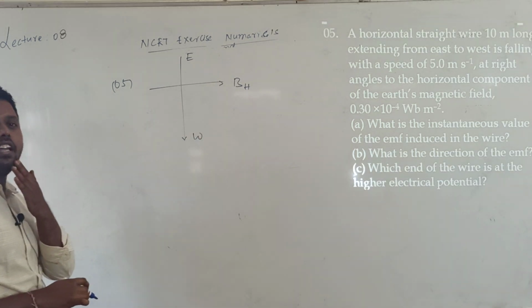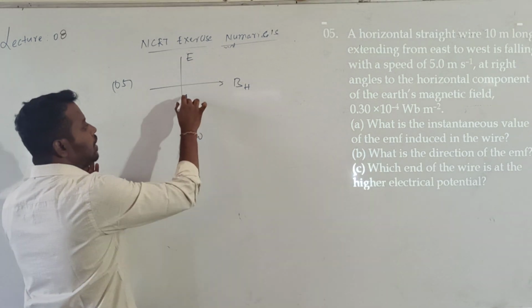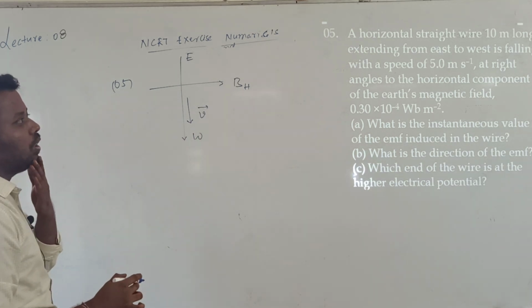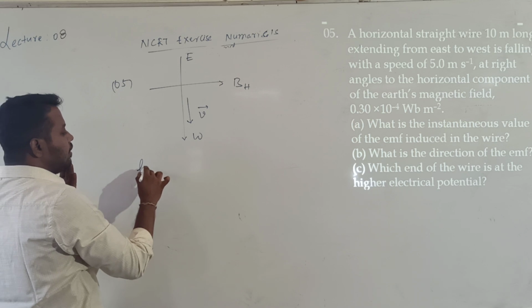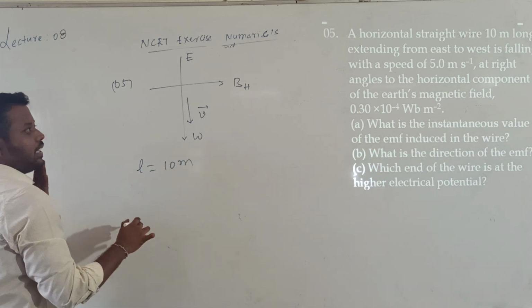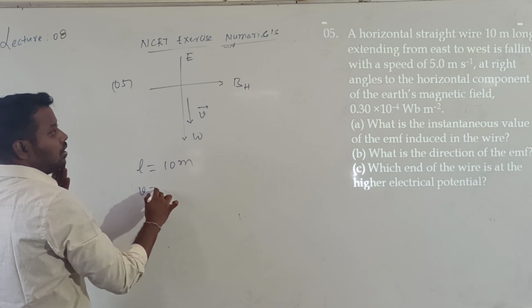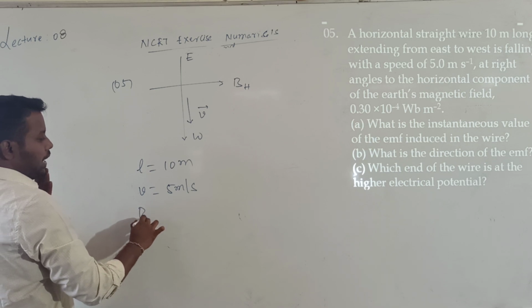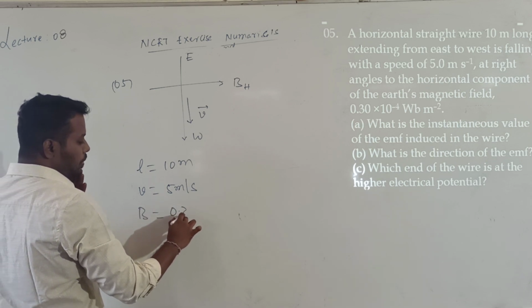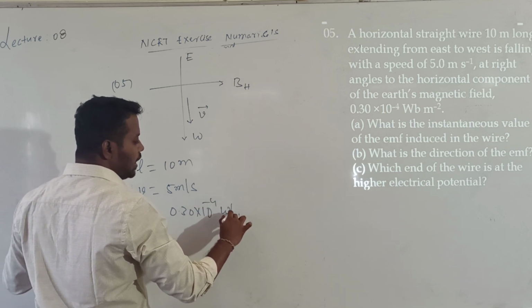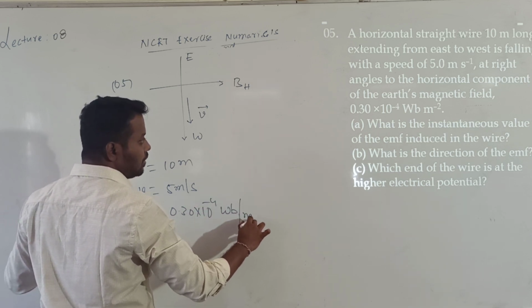Now the wire is falling with a velocity V bar. So the rod length is given by L value 10 meters. It is falling with a speed V is equal to 5 meters per second, in a magnetic field B given as 0.30 into 10 power minus 4, in units of Weber per meter square.